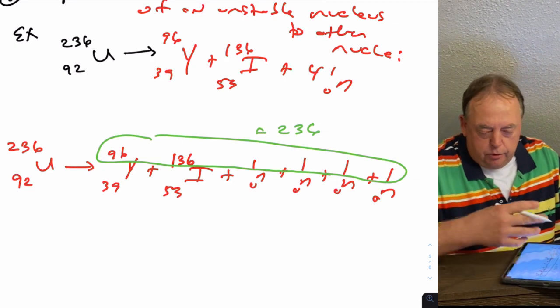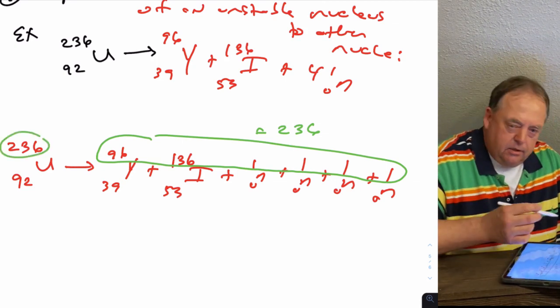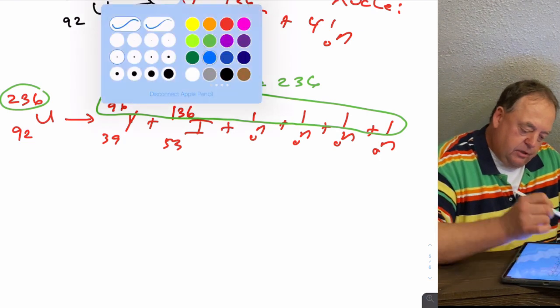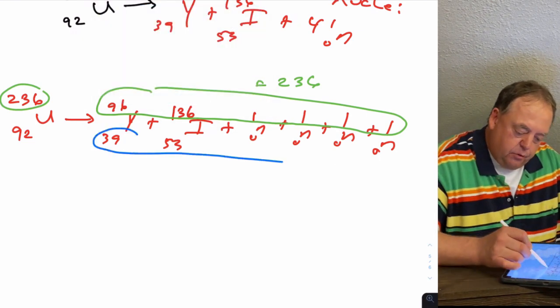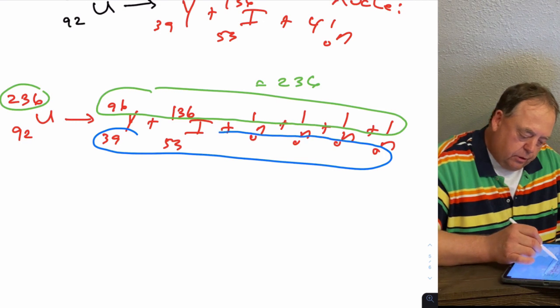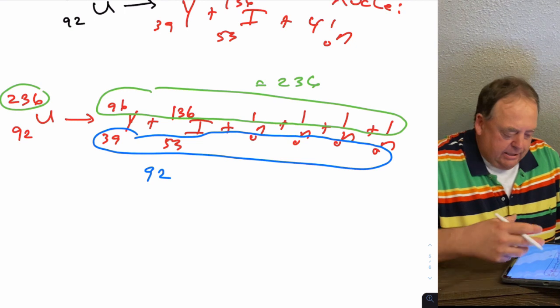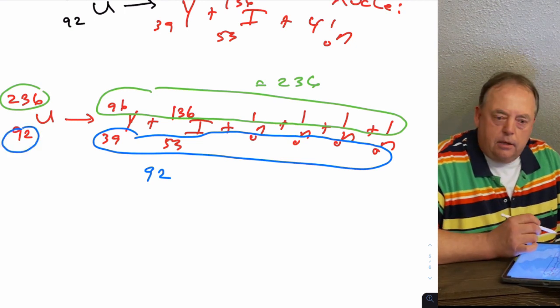So the sum of the superscripts on the right has to equal the sum of the superscripts on the left of the arrow. And if you add up all of the subscripts, 39 plus 53 plus 0 plus 0 plus 0 plus 0, then you get 92. So the sum of the subscripts on the right has to equal the sum of the subscripts on the left.